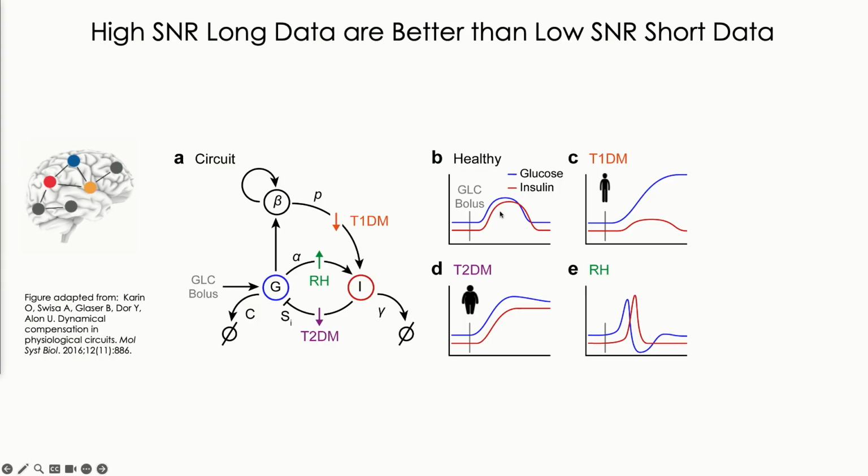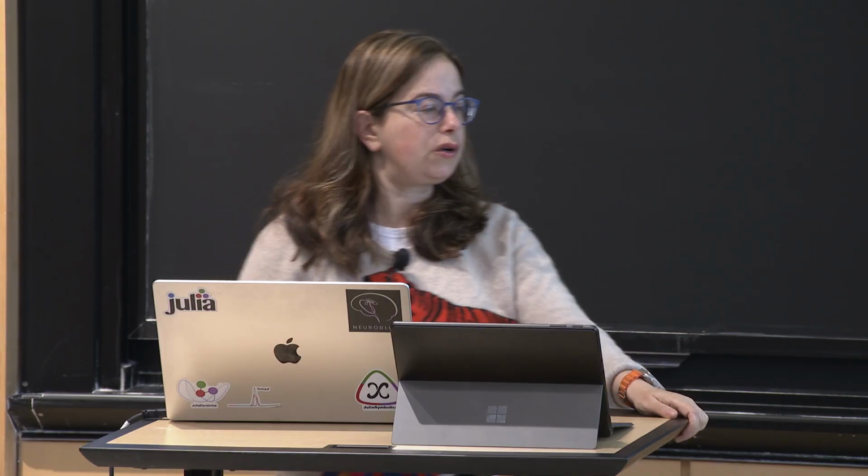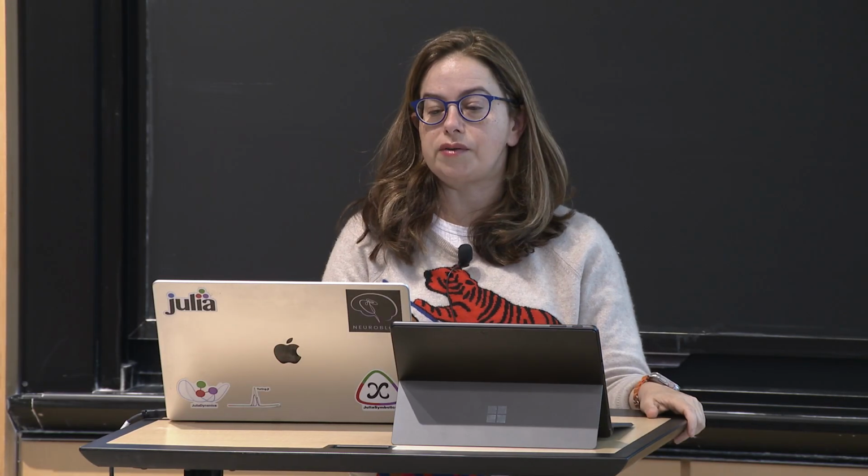You want the dynamics, and also you need to consider that because you're going to be focusing very deeply on the dynamics, averaging time series can be potentially a problem because you're going to wash out your dynamics to some degree. And so for that reason, if possible, you want to maximize your SNR, your signal to noise ratio, over long data rather than low SNR over short data.